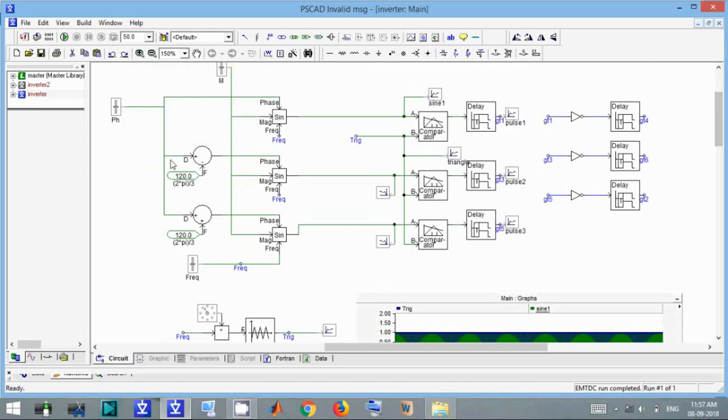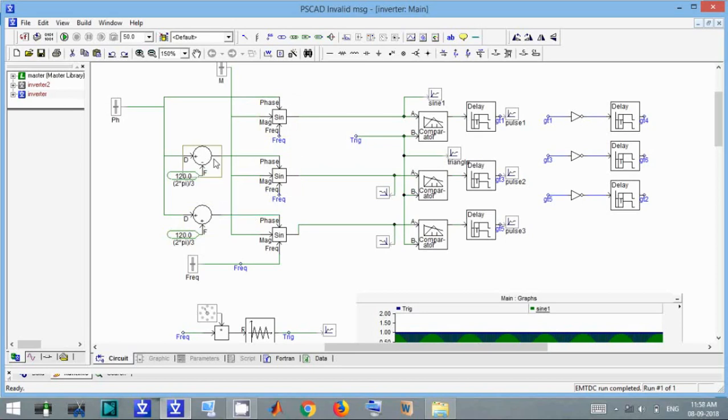Now this is our Y phase. This is 120 degrees apart from the red phase. This is the Y phase, which is actually 120 degrees minus, and this is the blue phase, which is 120 degrees plus.